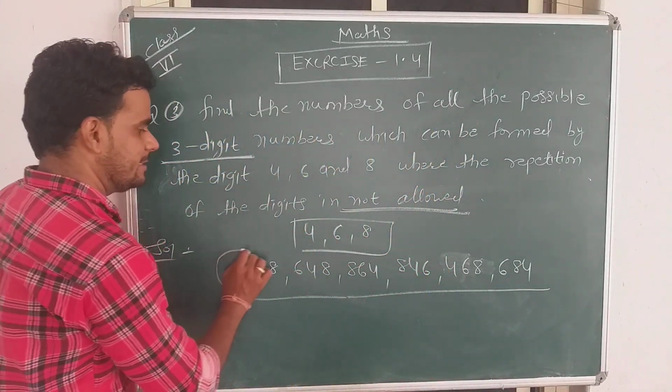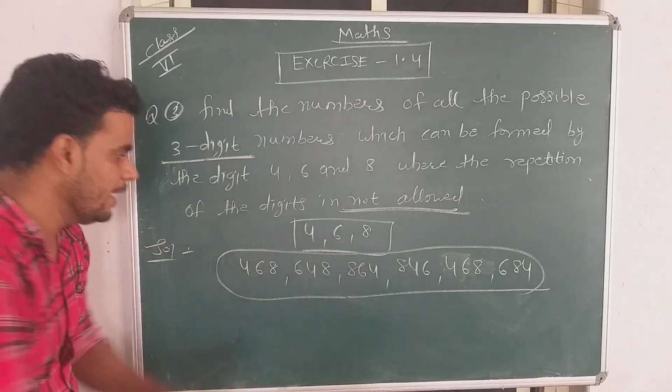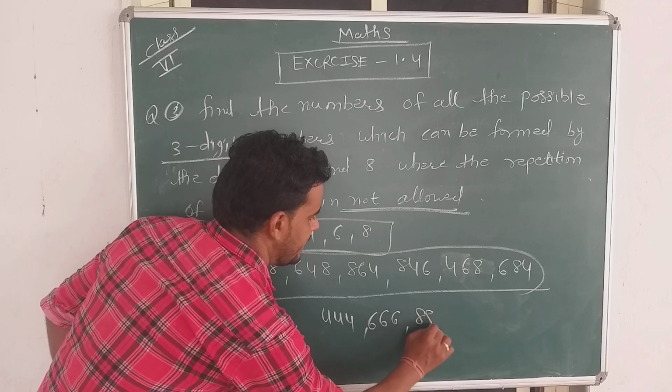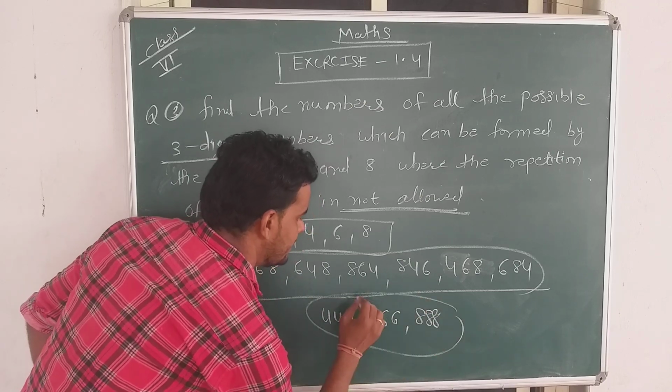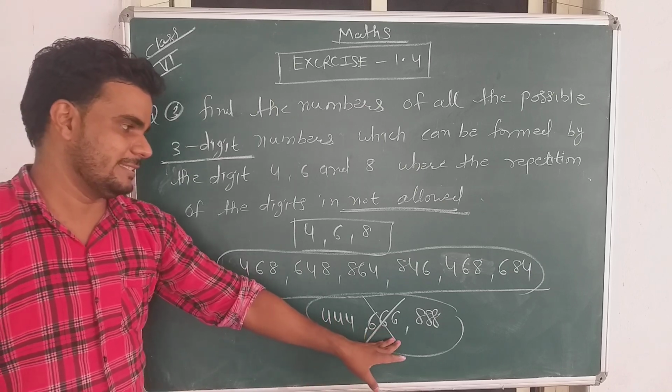Okay, so these are the numbers formed by the 4, 6 and 8. Okay, 444, 666 and 888 are also there, but the repetition is not allowed. That's why we didn't count 444, 666 and 888.